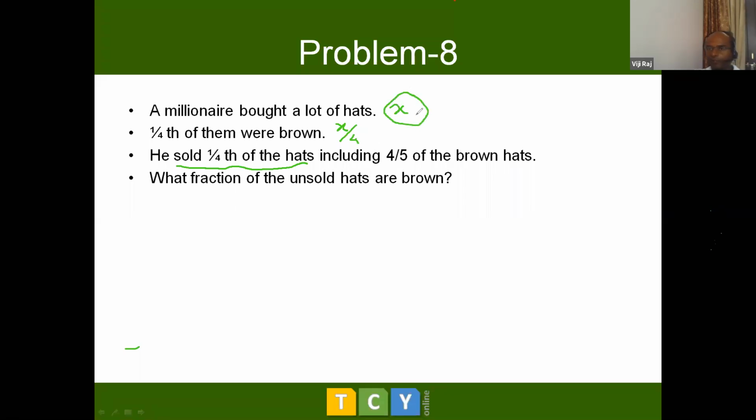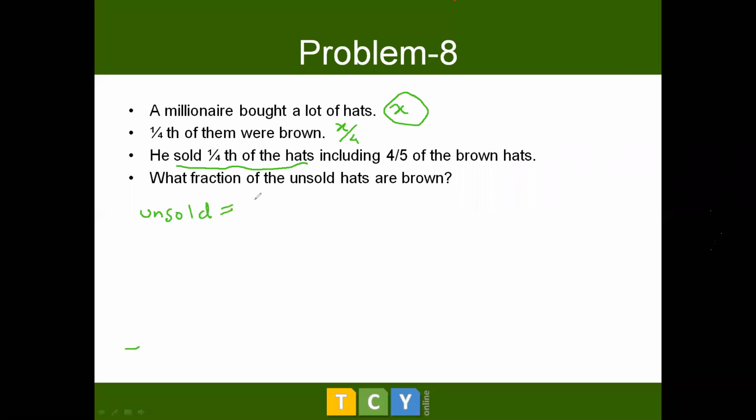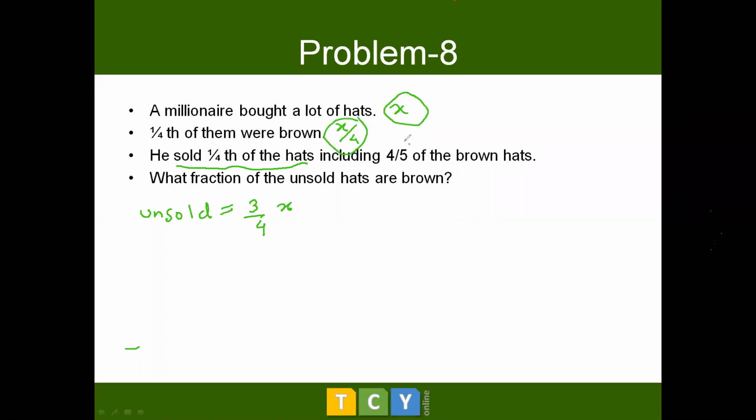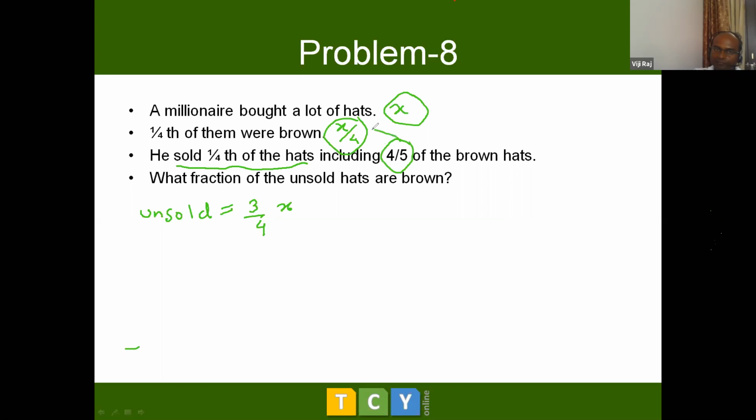So 3/4 is remaining. So unsold is 3/4 of x. All of you understood? Yes, sir. Okay. Total brown hats is x by 4. Right? Total brown hats which are sold is 4/5 of this.